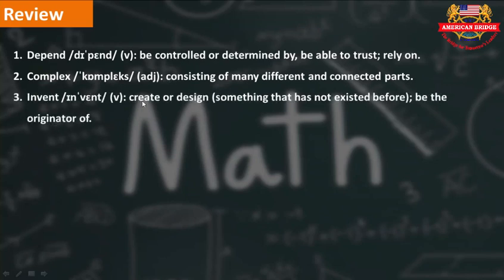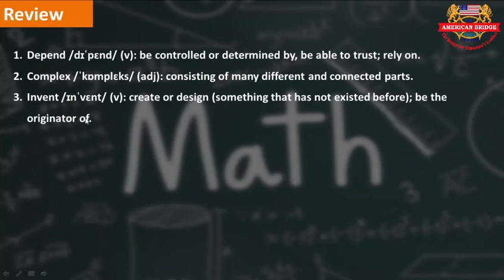Number 3, invent: create or design something that has not existed before, be the originator of. So who created the phone, everyone? And who created the light bulb, everyone? In our lesson we talk about the calculator, right?